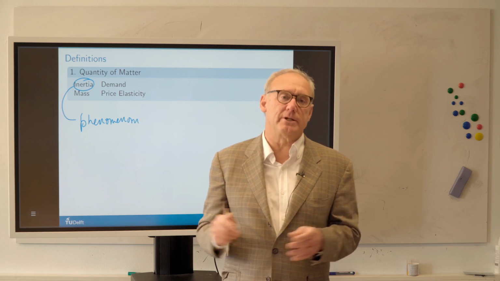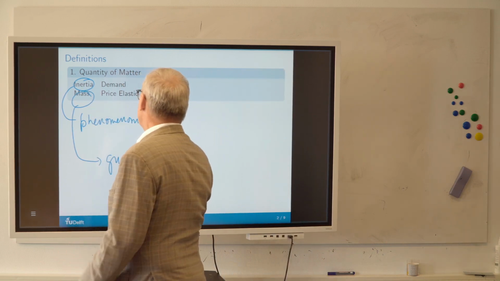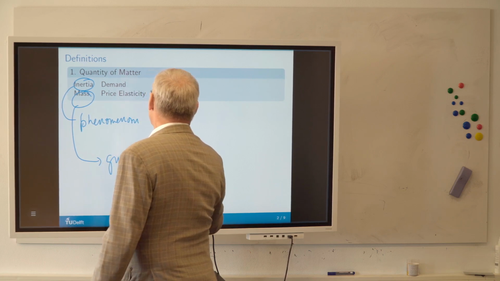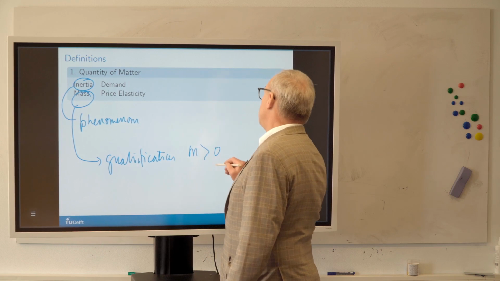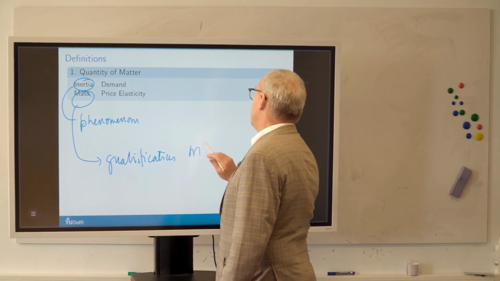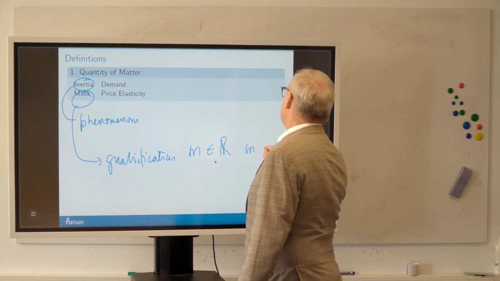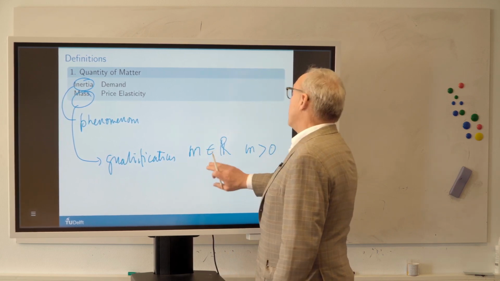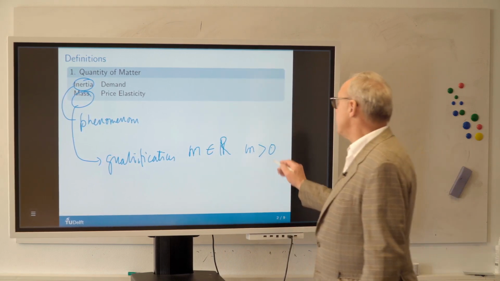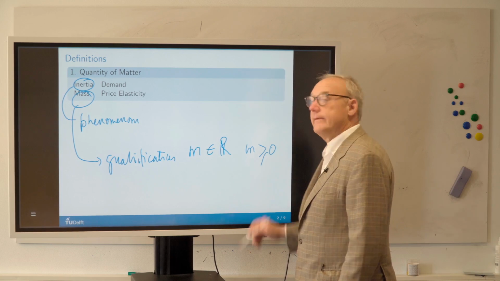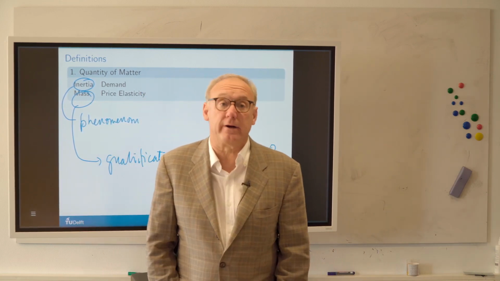And this is the mass, and it's a real number that's bigger than 0. And when it's equal to 0, then there's no demand. Okay? It's not negative, right? Never.